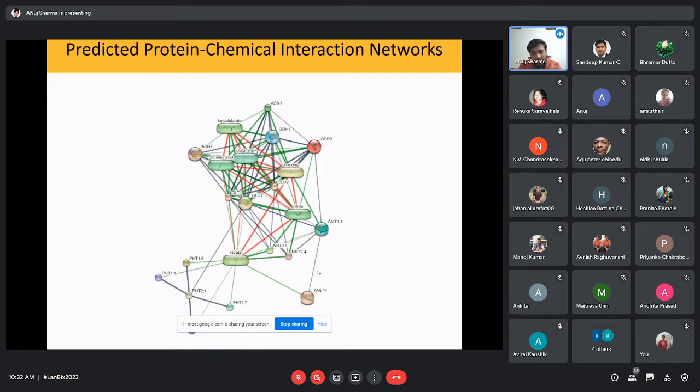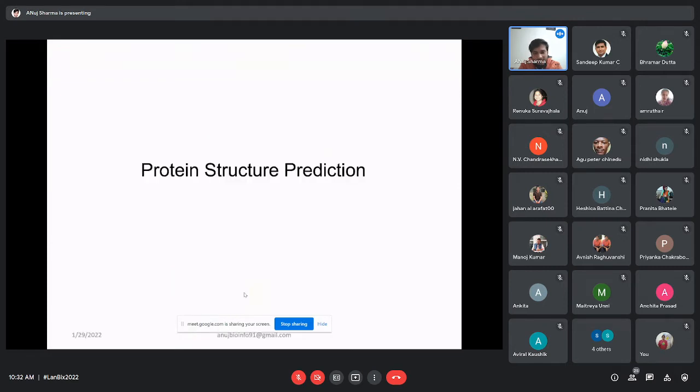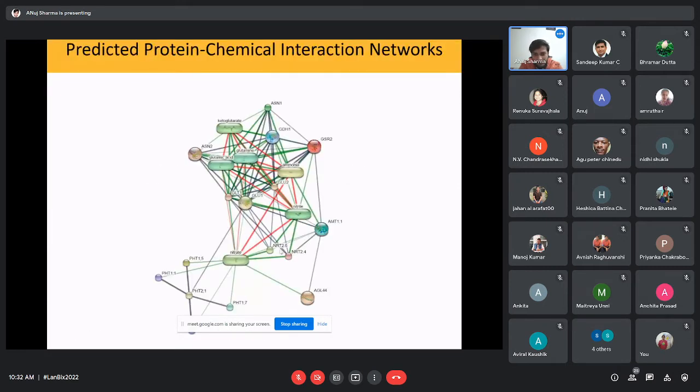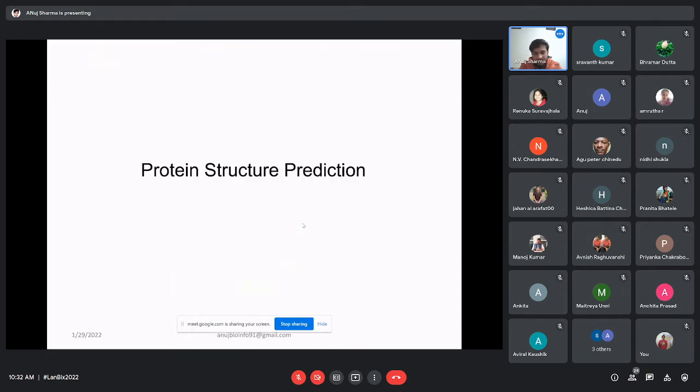We found some interesting molecules there: glutamic acid, ammonia, and nitrate. They are the key small molecules, and they inhibit the activity of these receptors. For that purpose, we can also go for molecular docking followed by molecular dynamics simulation to study how they interact with each other at the level of metabolism.